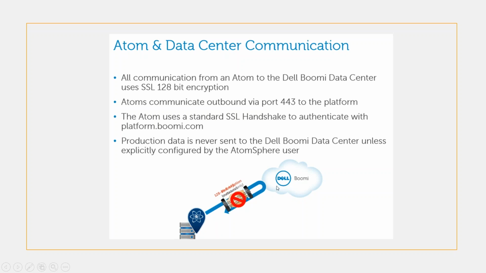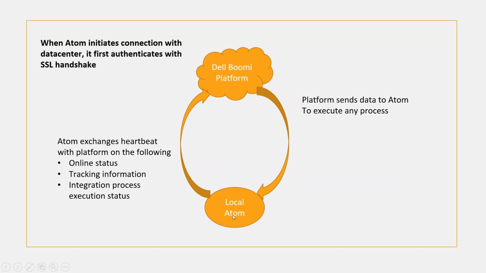platform.boomi.com. Now if you see here, this is your local Atom. The local Atom first initiates the discussion with the Dell Boomi platform. So it extends the heartbeat. It sends online status, tracking information, and integration process execution status. With a secure layer, this gets communicated. The Atom communicates with the platform with this status.